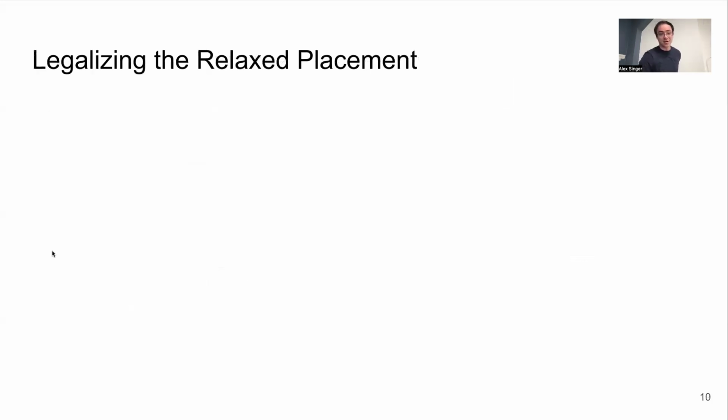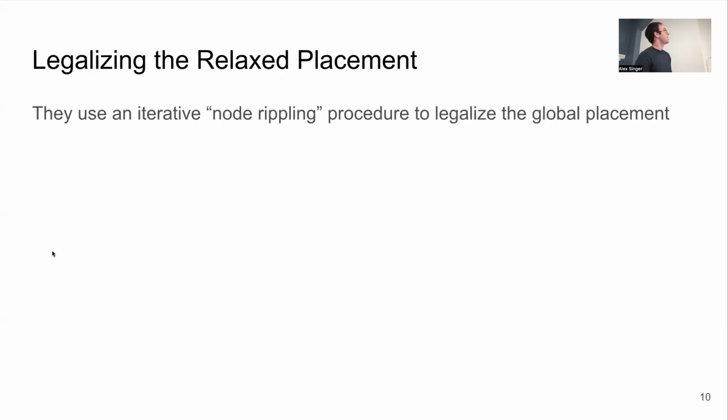Okay, so now the fun part, legalization. So we've just found the minimum LP solution, but as anyone who's worked with the LP solution before, everything goes on top of each other. So now we need to legalize the solution. So how do we do this? What they do is an iterative node rippling procedure to legalize the global placement. Recall, we start from an initial global placement.